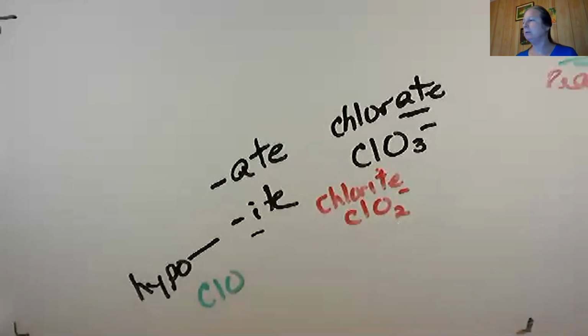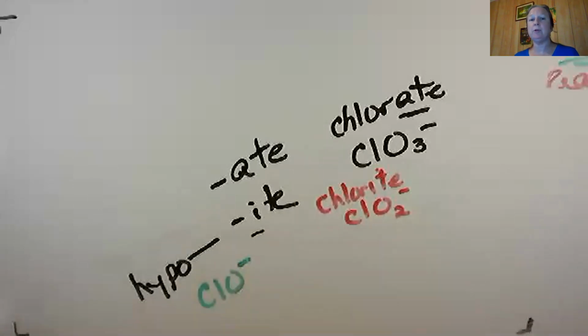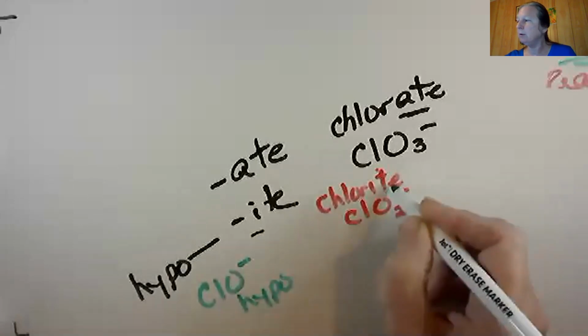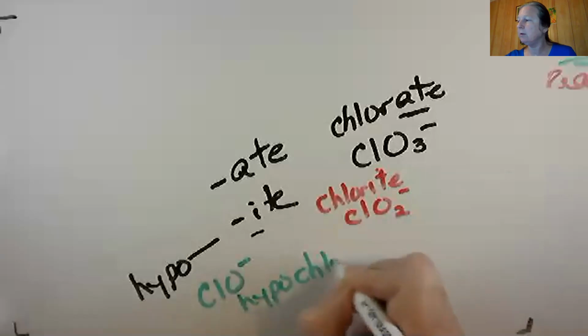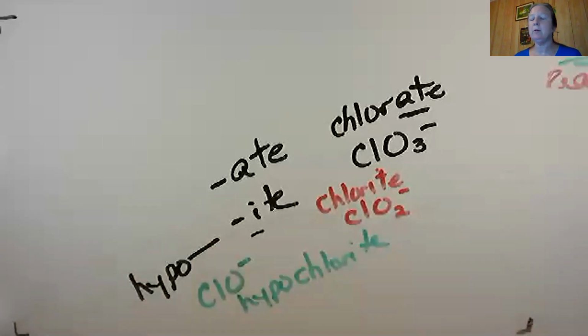That's it. I don't put the 1 down there. And I keep my negative charge. That's the only thing I'm changing is the number of oxygens. And this is hypochlorite. It's this, stick a hypo on there. That's what you call that.